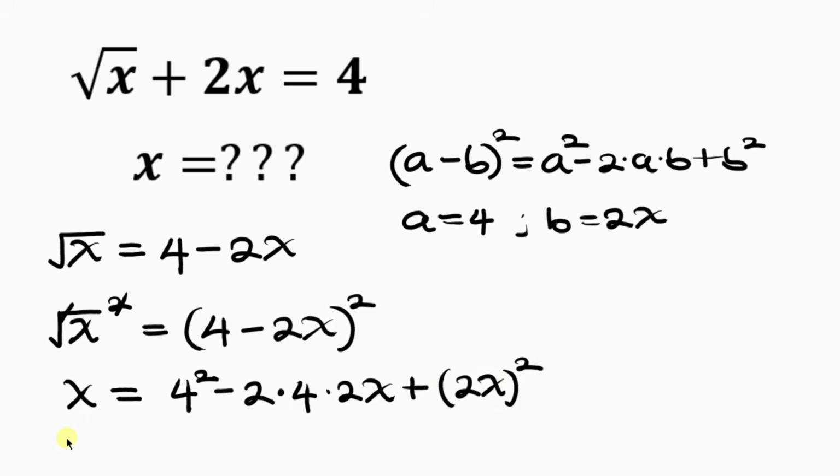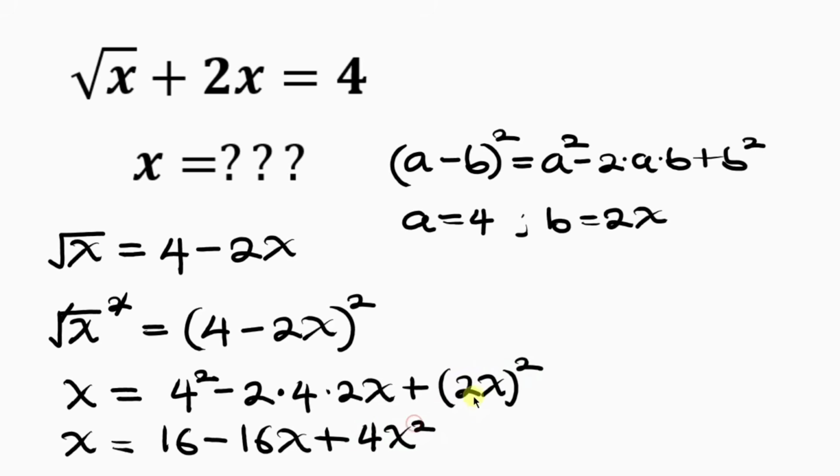Very good. So this simplifies into x equal to 4 squared is 16 minus 2 times 4 times 2x, that will be 16x, plus now 2x all squared. This means 2 squared, that is 4, and x squared.